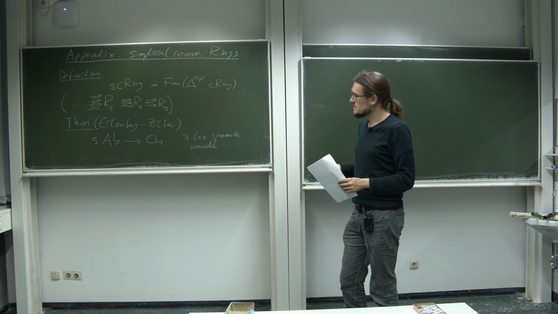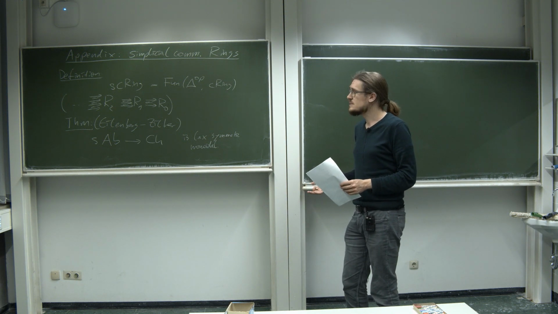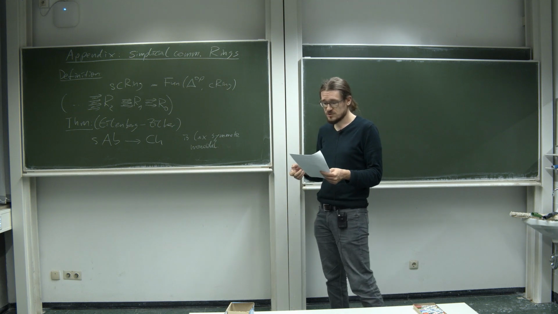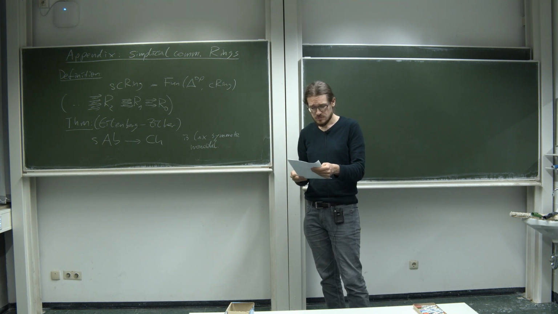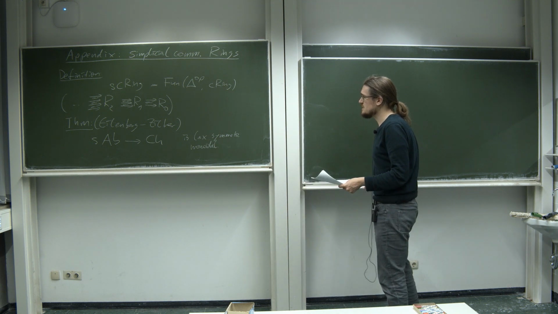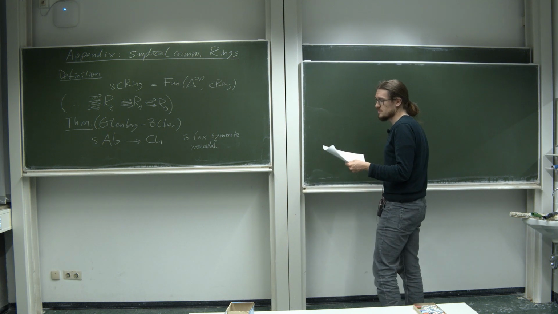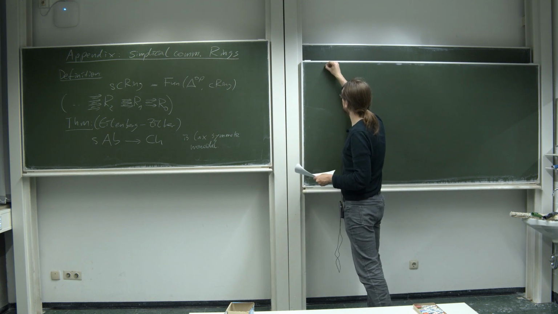One can explicitly work out what that product structure is, and it is defined in terms of so-called shuffles. So let us make this explicit now and see what shuffles are.